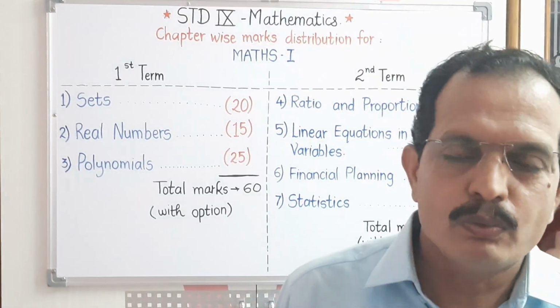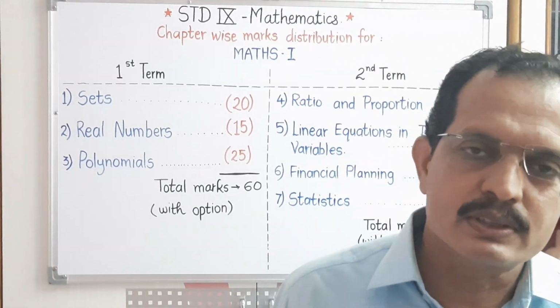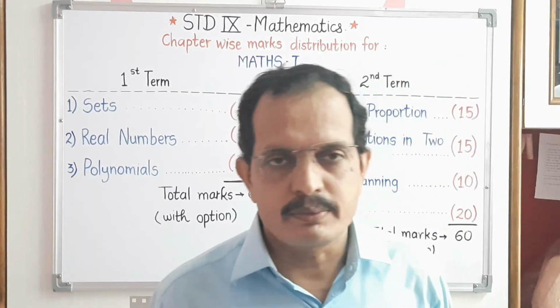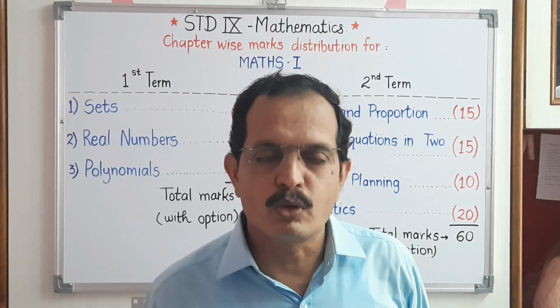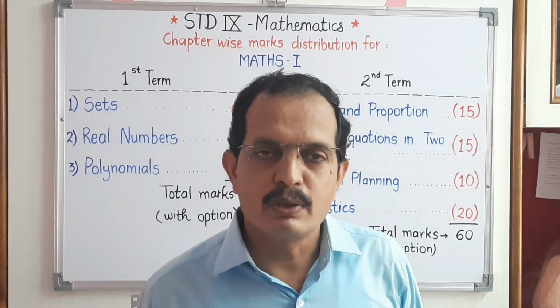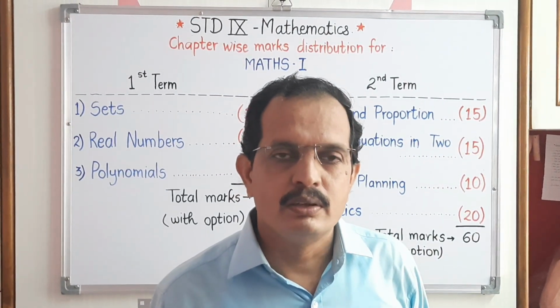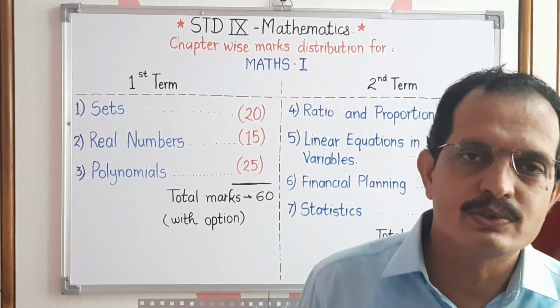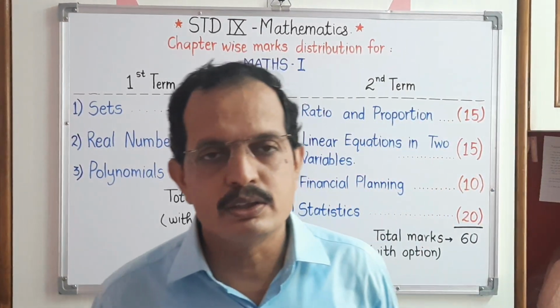Today I am here with you to introduce our subject, mathematics. Up to standard 8 there is one book for mathematics, but from 9th standard there are two books: one is Maths 1 and another is Maths 2.